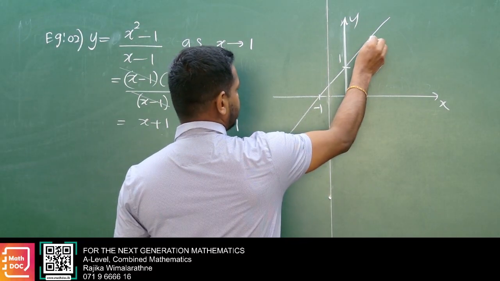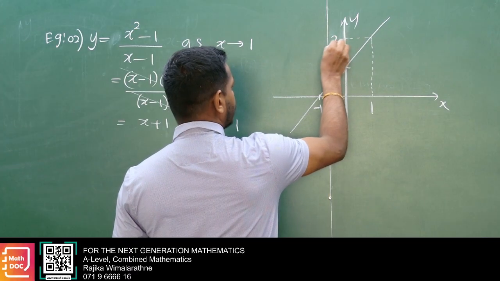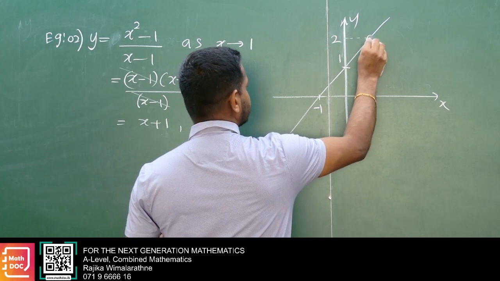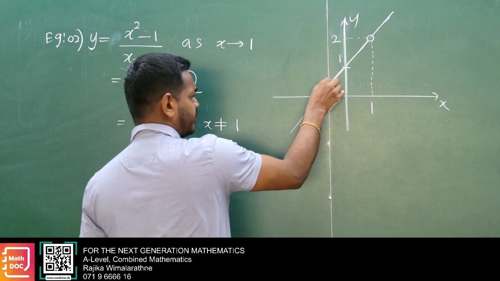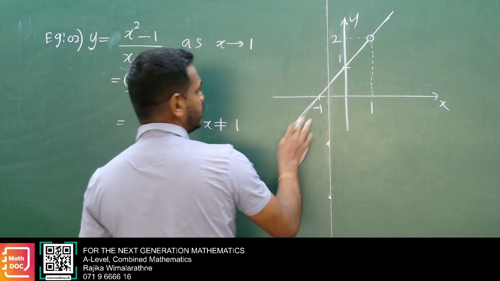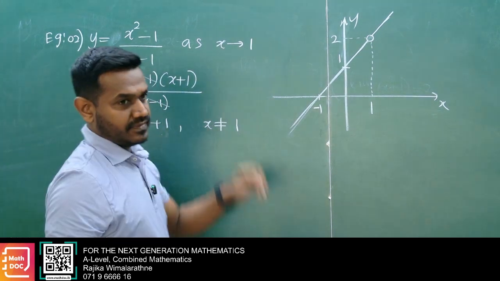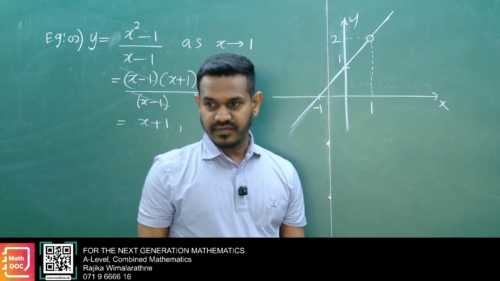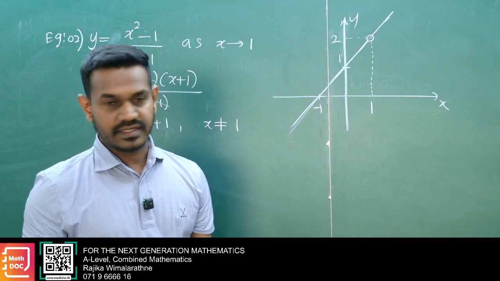So at 1, it is undefined. Undefined means a hole. That's how a hole appears, because of this common factor upstairs and downstairs. Because of that common factor in both numerator and denominator.